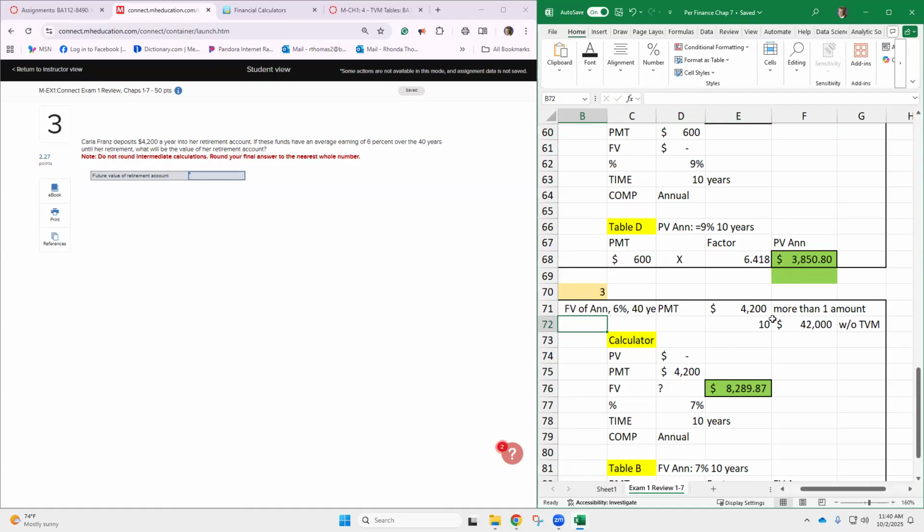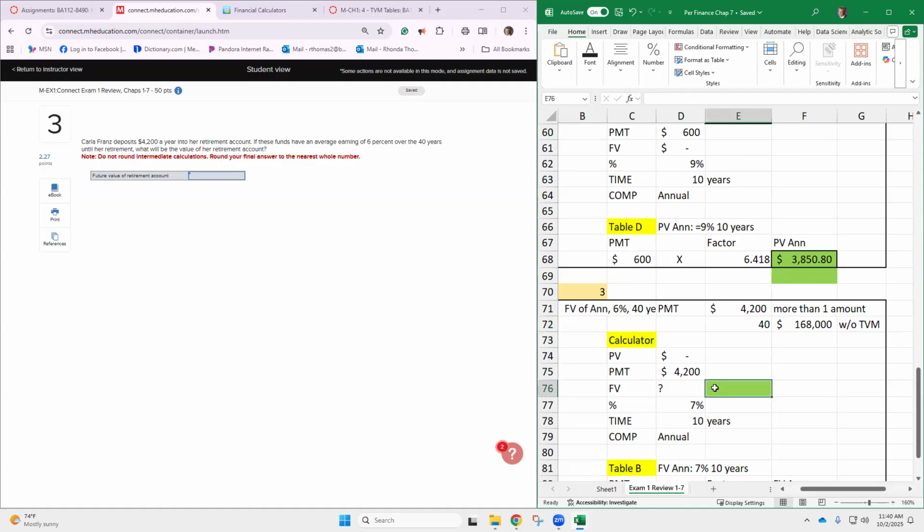Okay, all right. Well, if she socked that 4,200 away in an account that does not pay time value of money, just for fun, $168,000, right? Let's see how much more time interest and time is going to help out with that.